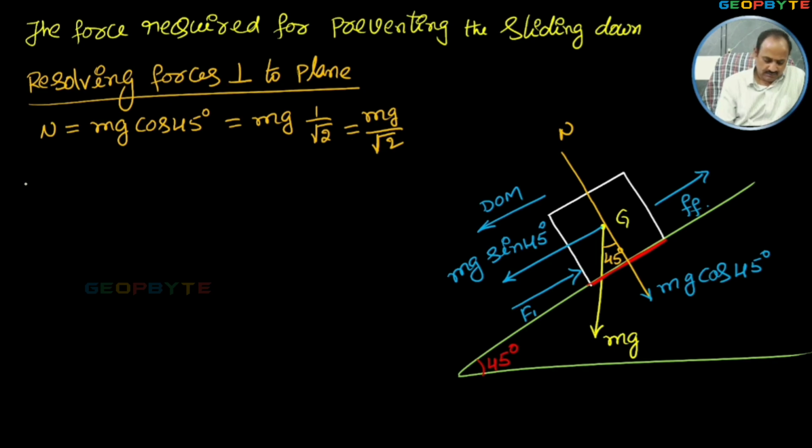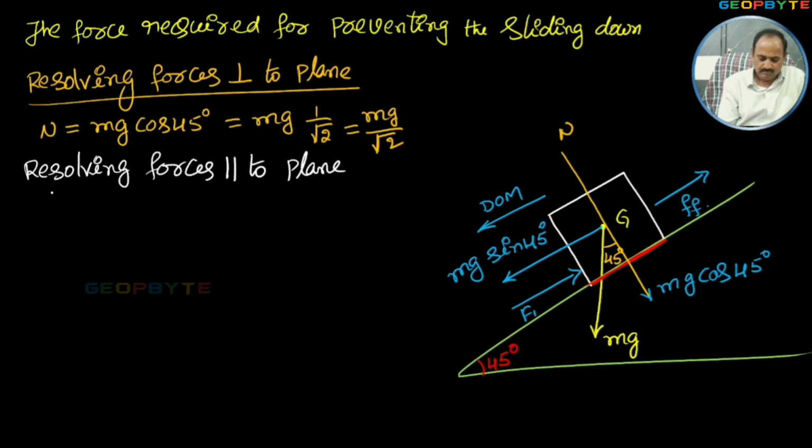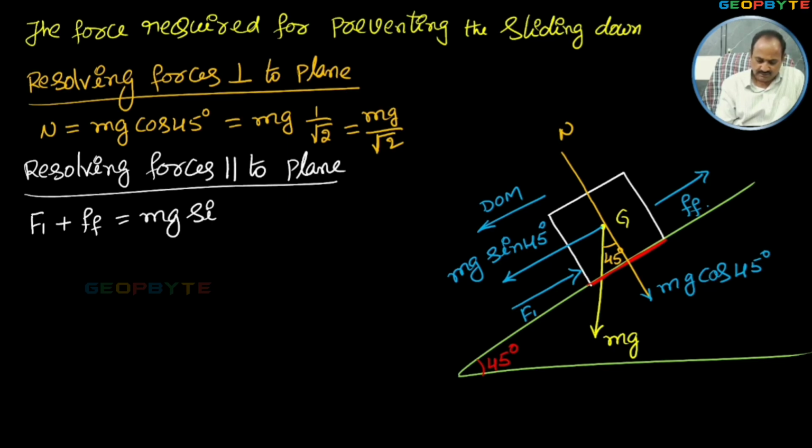Next, resolving the forces parallel to the plane. Here F1 is acting upwards along the plane, plus the frictional force, and that must be equal to mg sin 45 degrees.